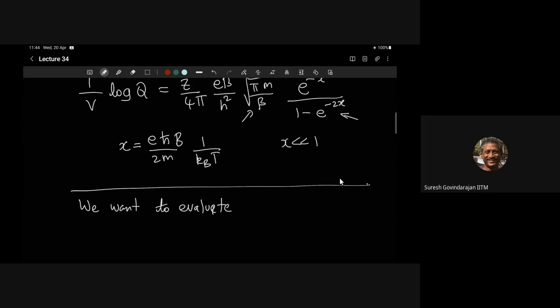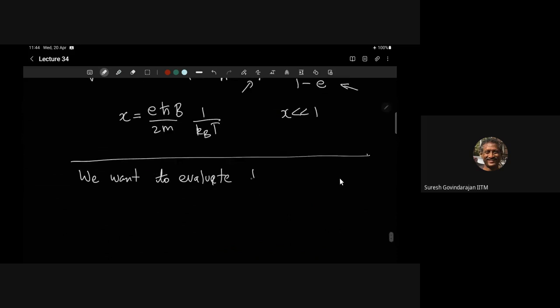So we should work to order B square, for weak magnetic fields, up to and including order X square, or B square.